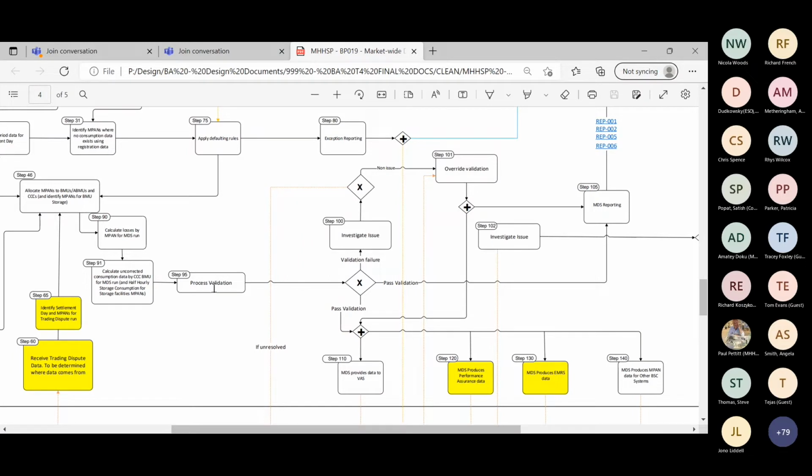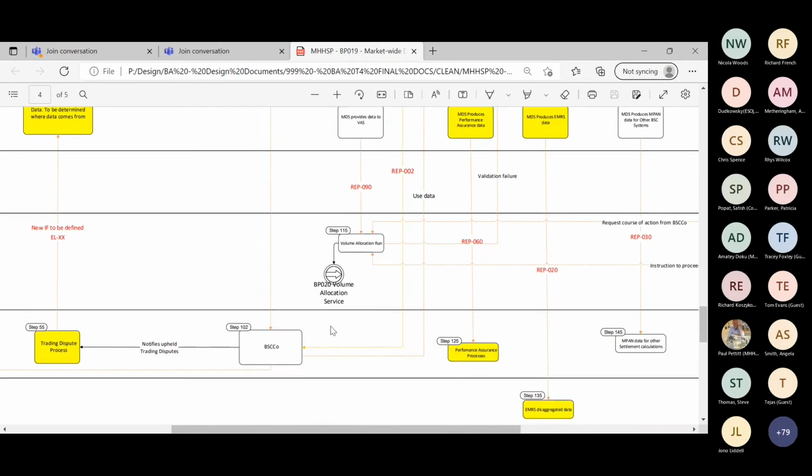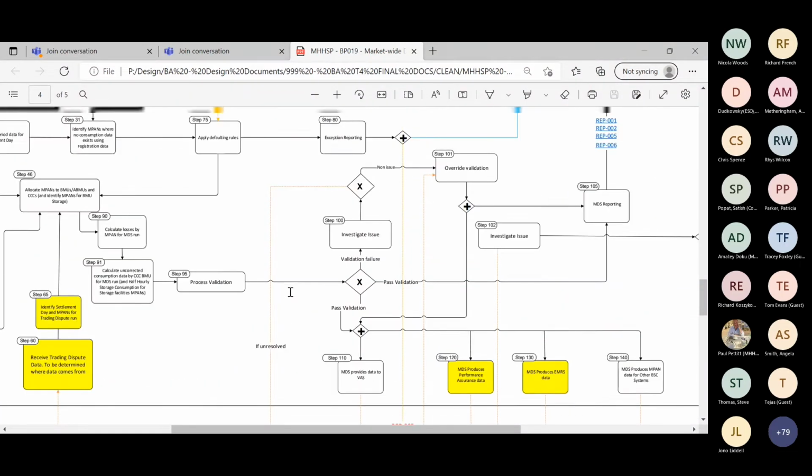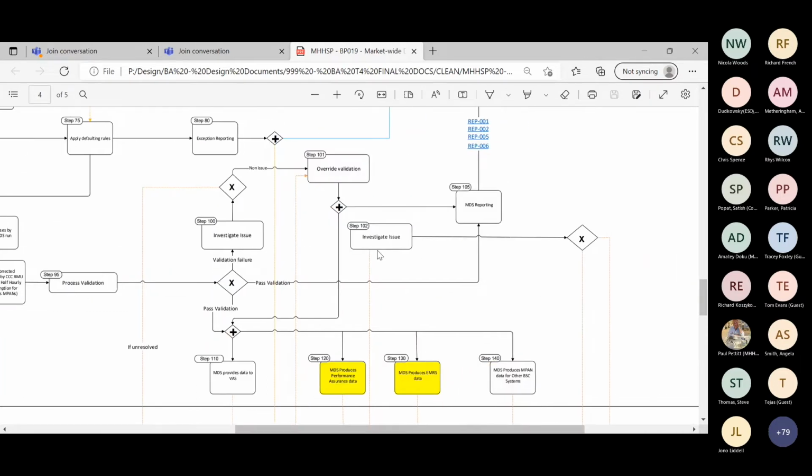Once the calculation's made, there are then some further validation checks, and all of this process here is what to do to resolve any issues that have come out from the calculation, including potentially going back to BSC code to find out what the next steps should be, and investigating issues.